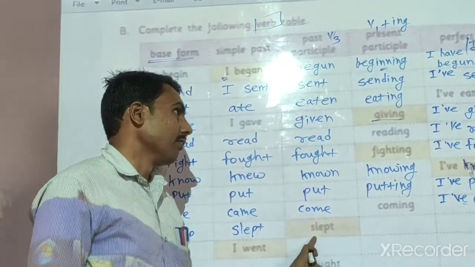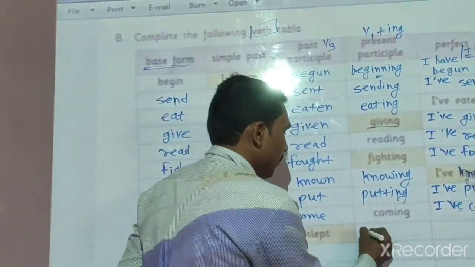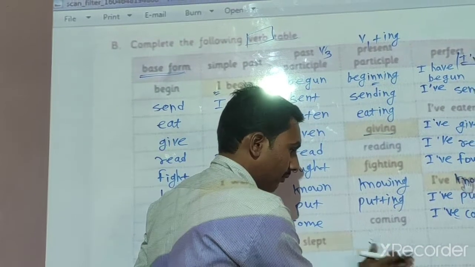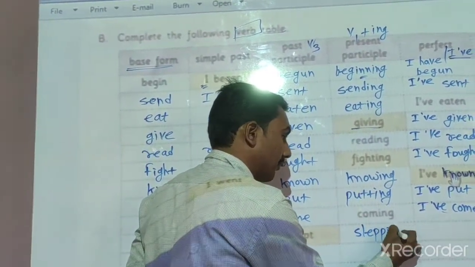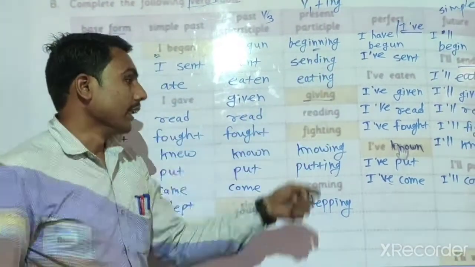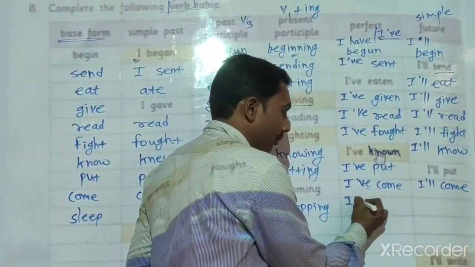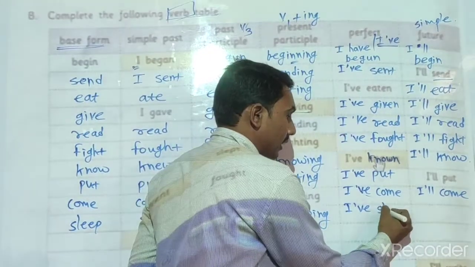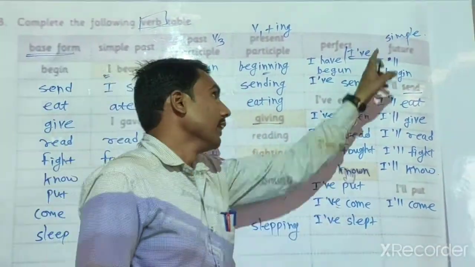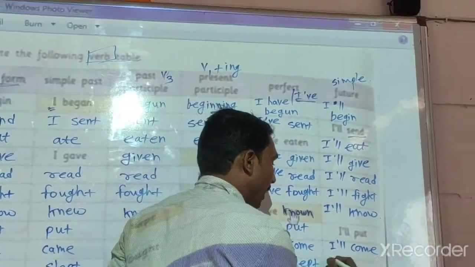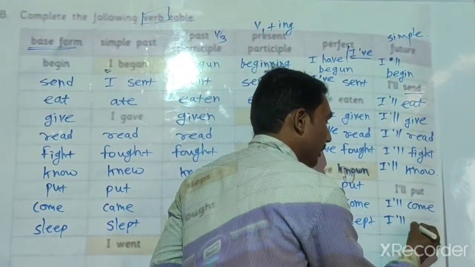Past perfect slept. Then present participle sleeping. Then I have slept, I have slept, then simple future, I will sleep.